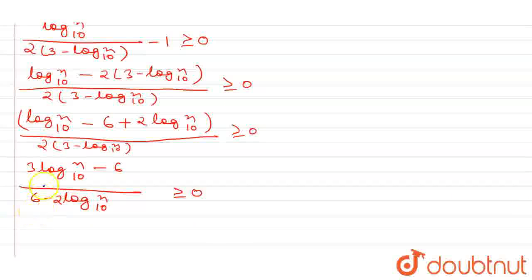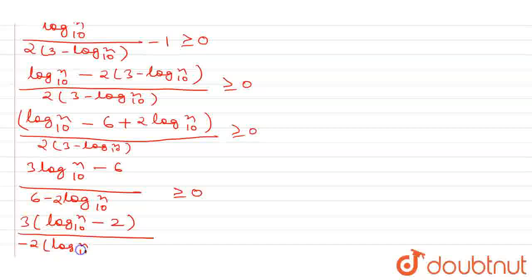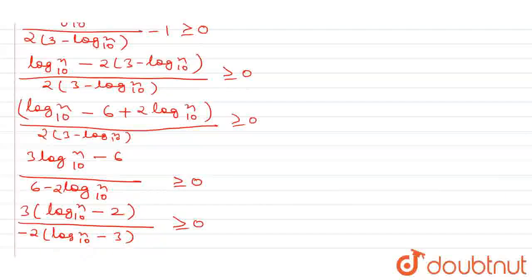So I take 3 as common from the numerator and 2 as common from the denominator. So it is 3 into (log x to the base 10 minus 2) upon, from the denominator I take minus 2 as common, so minus 2 into (log x to the base 10 minus 3) should be greater than or equal to 0.